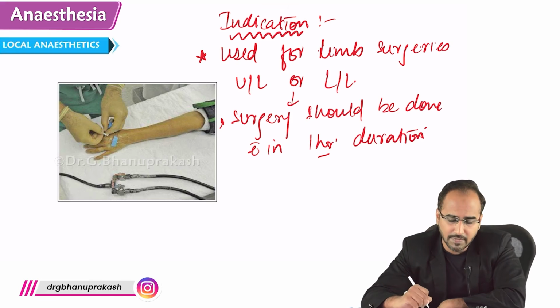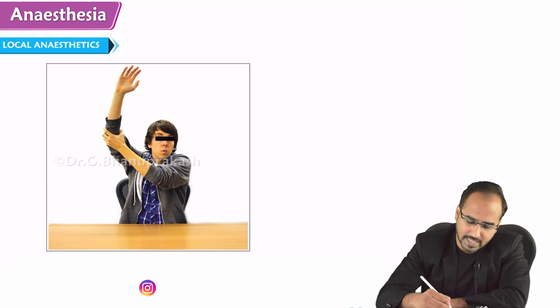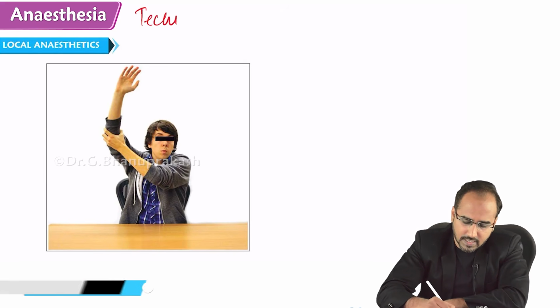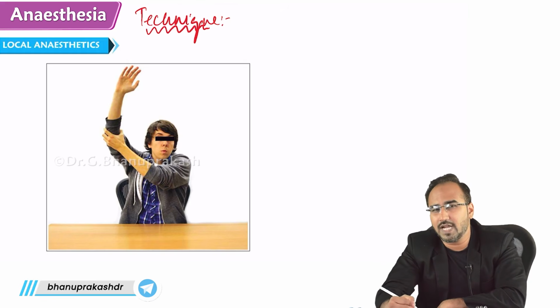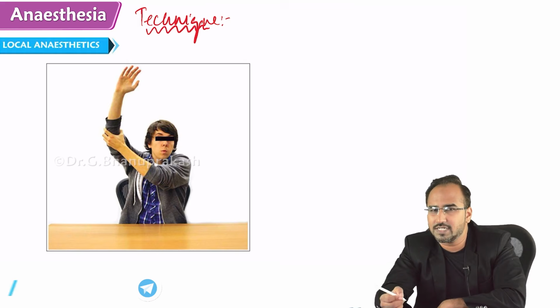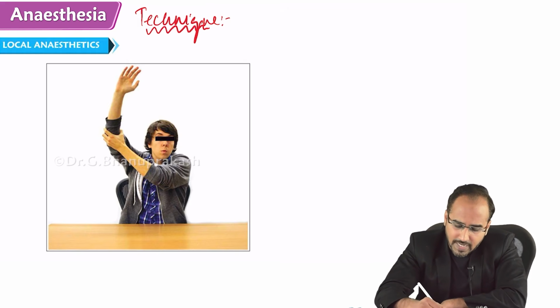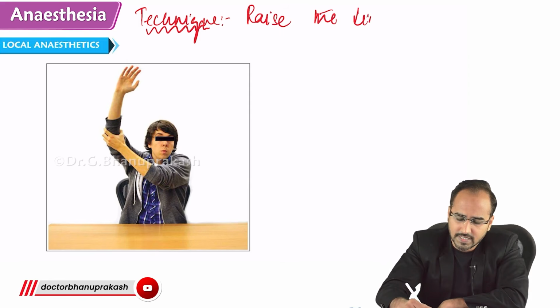Next, what we need to remember in IVRA is the technique of IVRA, or the steps of IVRA. Come on guys, what is the technique of IVRA? Remember the 95-year-old guy, what I told you? I'll call my surgeon friend, I'll take the patient in the operation theatre, and first I raise the limb.